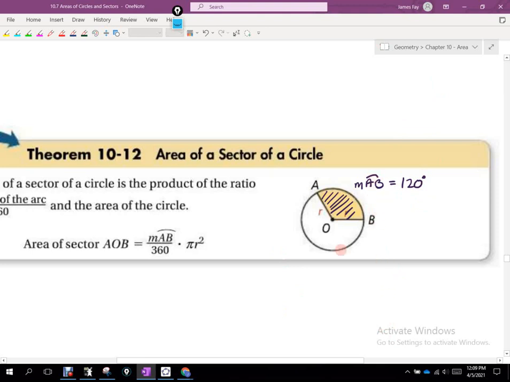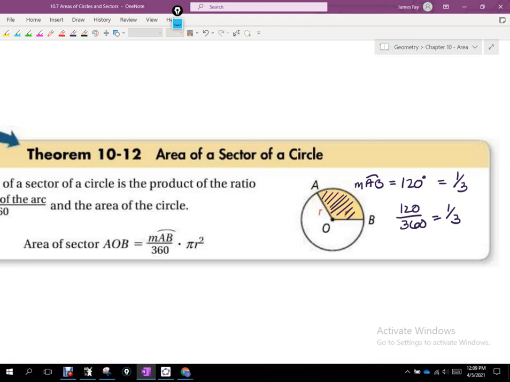Would I know that arc AB is 1/3 of the entire circle? Because 120 compared to 360 reduces to 1/3. Does that make sense? So this arc AB would be 1/3 of the entire circle's circumference, and that shaded region would then be 1/3 of the entire circle's area.